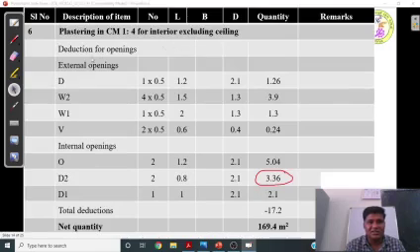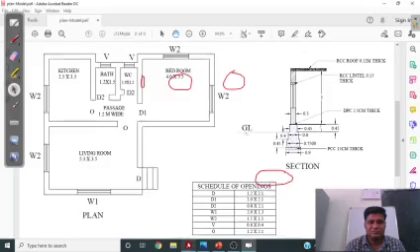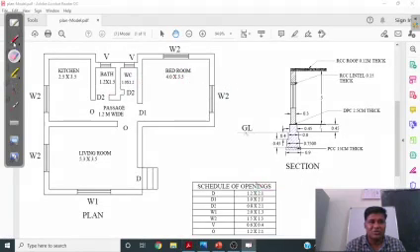Here you can see the deductions. There is one door of size 1.2 by 2.1, but since only the internal surface is plastered, and there is a rule that you have to deduct only half the portion.